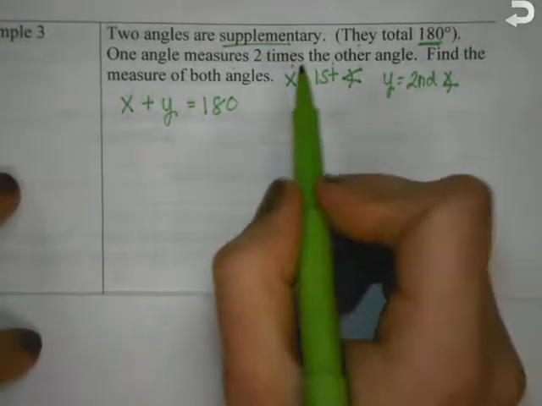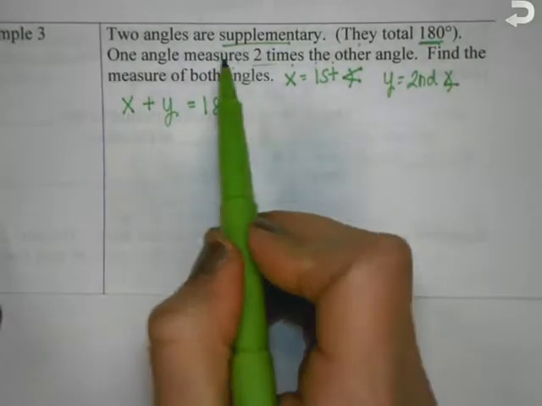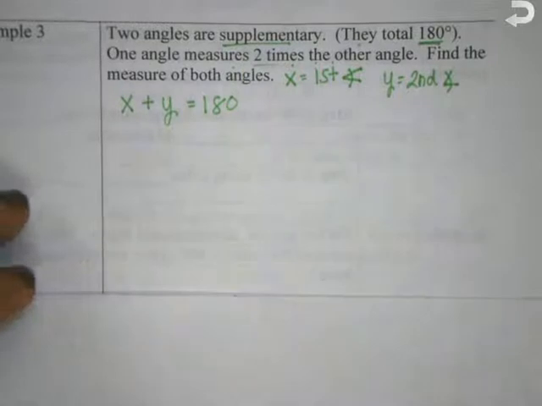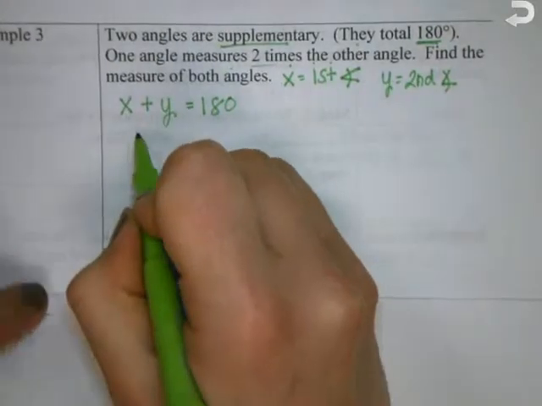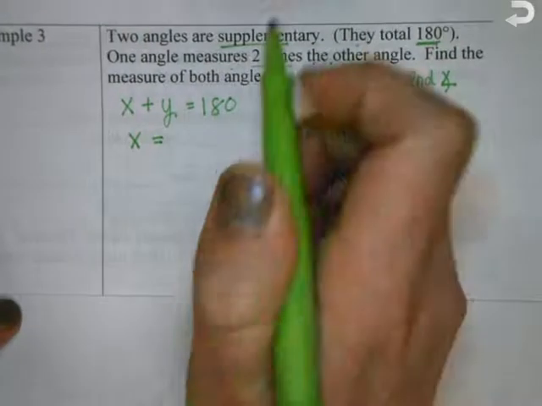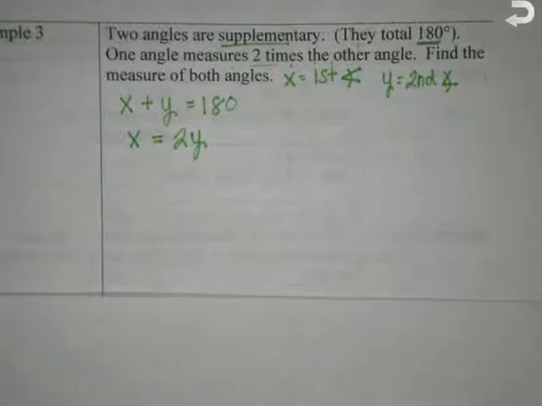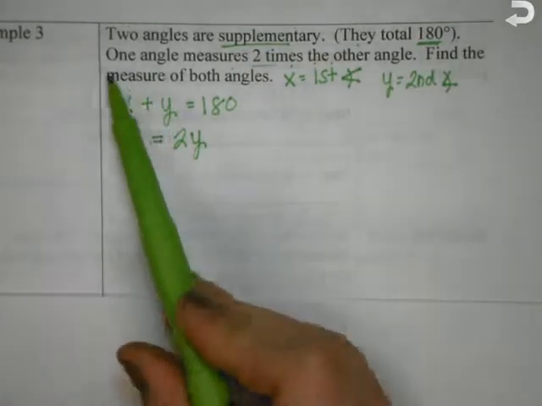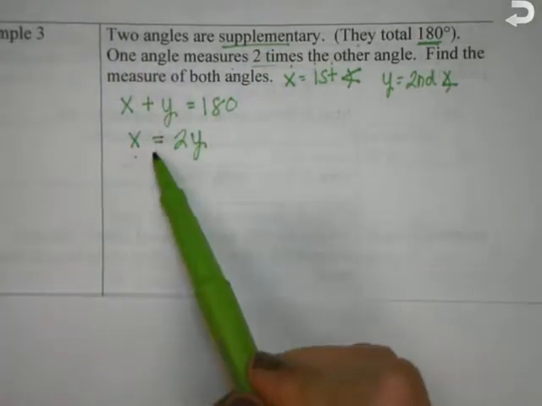So when it says one angle measures, that means one angle is equal to 2 times the other angle. So x equals 2y. Let's read this again. One angle, x, equals 2 times the other angle, so 2 times y. Does that make sense?